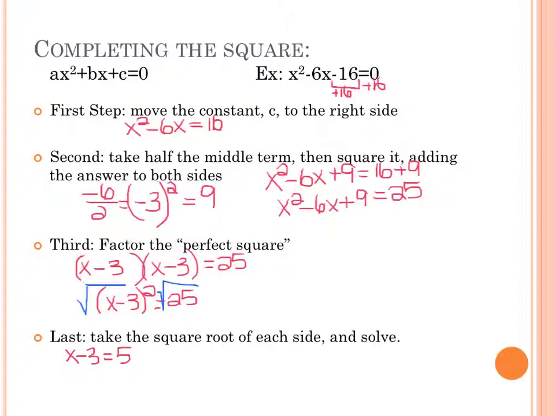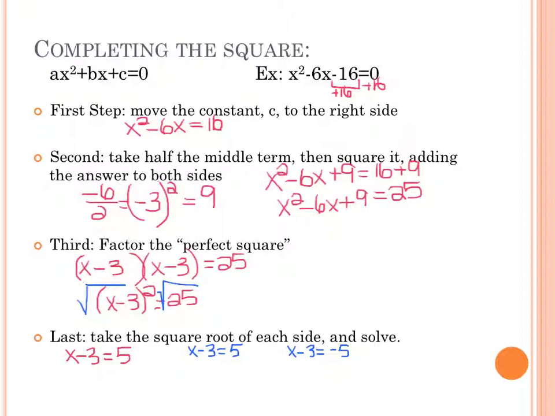Now, just like we did in the previous chapters that we've been learning about this year, when we solve for an inequality, we want to apply that same method to what we're doing here. So we'll solve when x minus 3 equals a positive 5, and also when x minus 3 equals a negative 5.